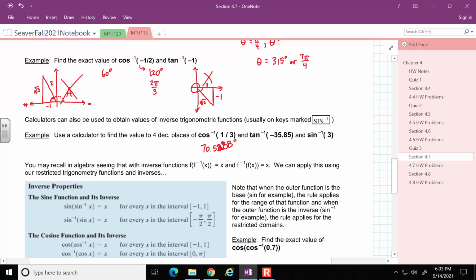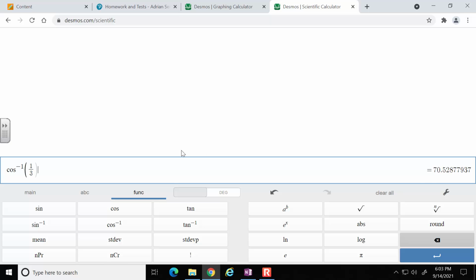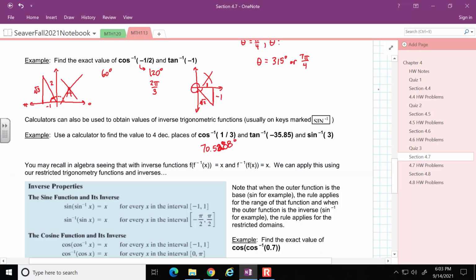So inverse tangent of negative 35.85. Now remember, when I'm saying inverse tangent and it's negative, I should get a value back between negative 90 and 0 degrees because it's negative. Negative 88.4, degrees, I assume. You might get something different.